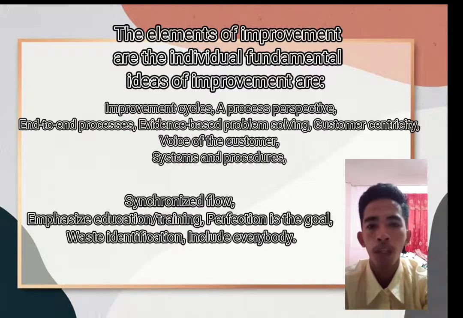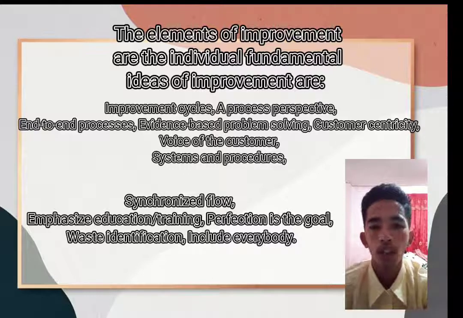The elements of improvement, the individual fundamental ideas of improvement, are improvement cycles, a process perspective, end-to-end processes, evidence-based problem solving, customer centricity, voice of the customer, system and procedures, reduce process variation, synchronize flow, emphasize education and training, perfection is the goal, with the identification, include everybody, and develop internal customer-supplier relationships.